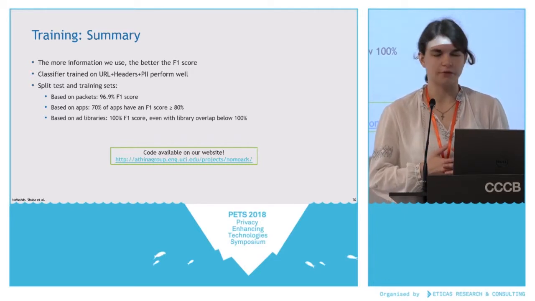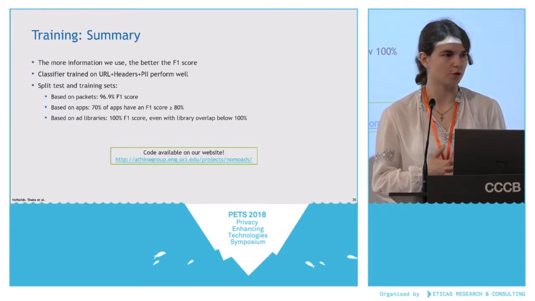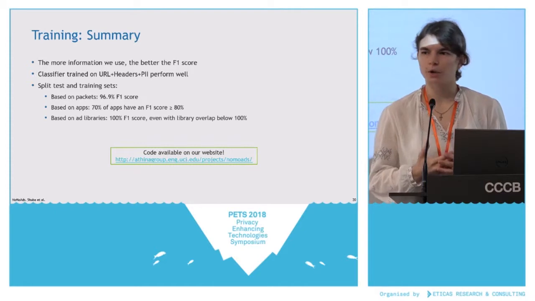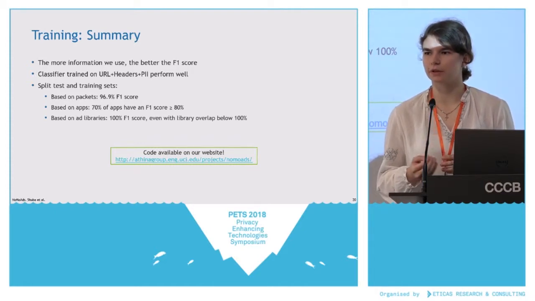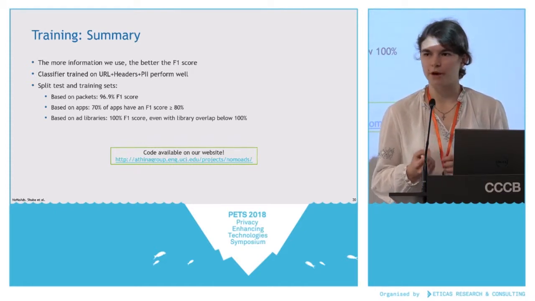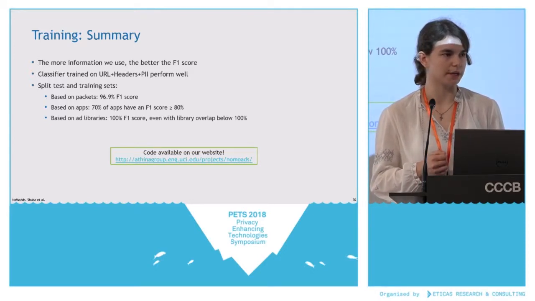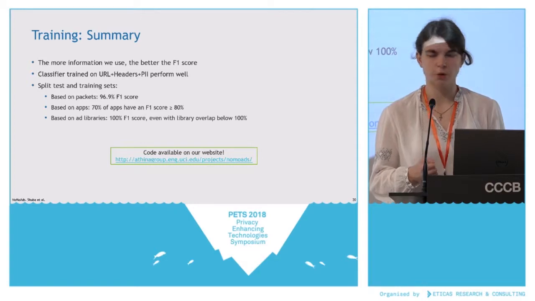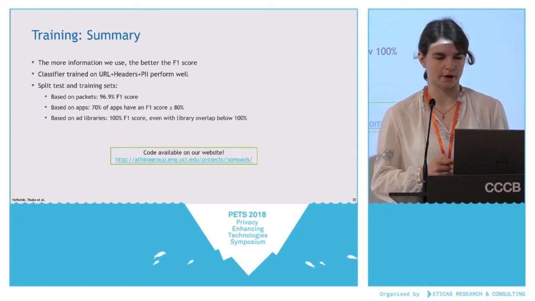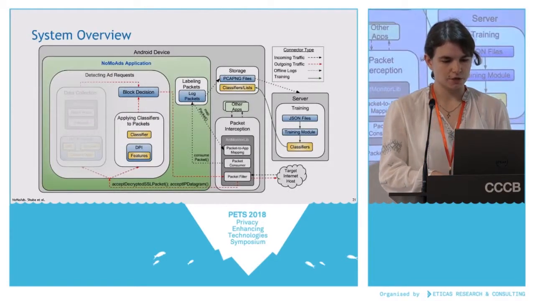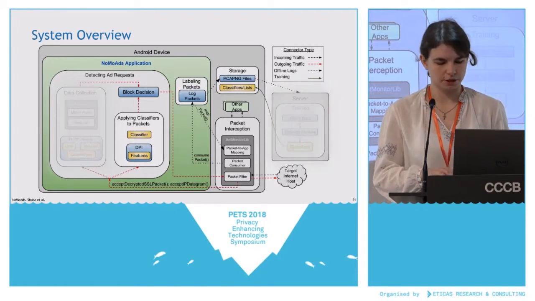And even in that case, 70% of apps had an F1 score of over 80%. We also looked at how ad libraries fit into the performance and found that even in the cases where the ad library overlap is below 100% between the training and test sets, we can still achieve an F1 score of about 100%. So this concludes the training section.